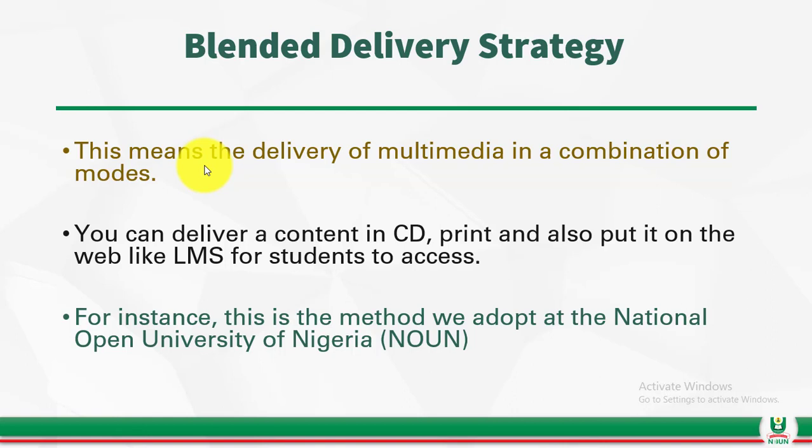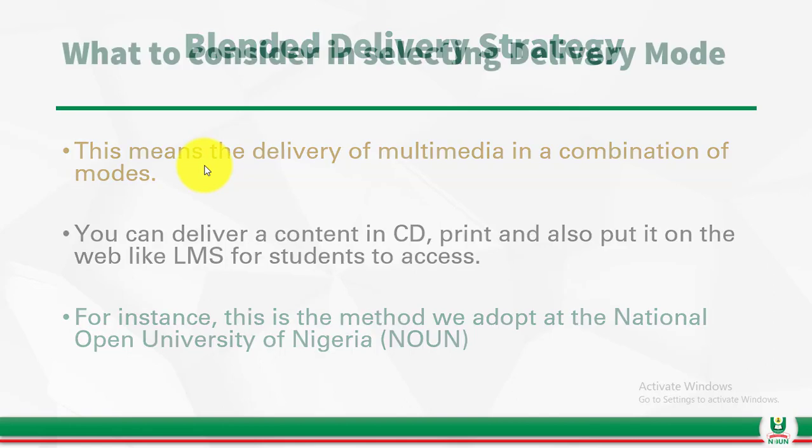You can still go online to download the same course content. Then you still have the same course material on the learning management system. So this is a blended delivery strategy that we have employed at the National Open University to ensure that you have different ways to access your content from anywhere.